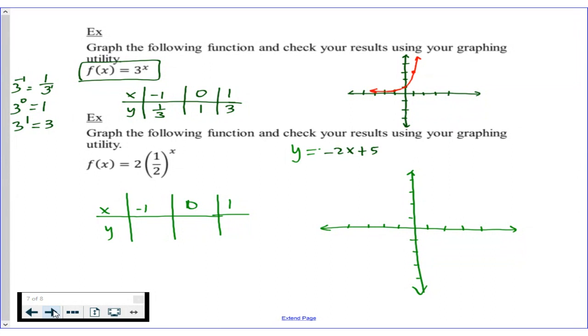That means the y-intercept is at 5, b equals 5. So you go to 5, you locate that, and negative 2x gives you the slope m. So you go down by 2 and over 1. You will not get any negative number. So you get this point. That's how you graph it.